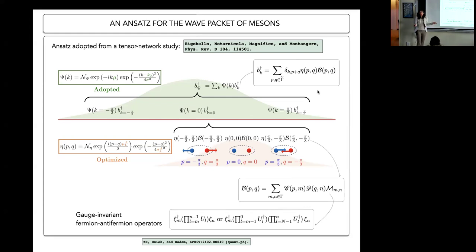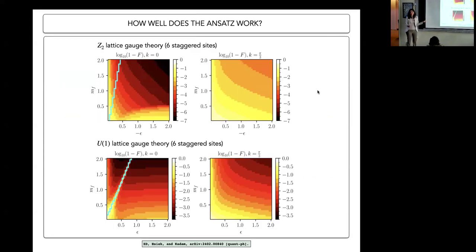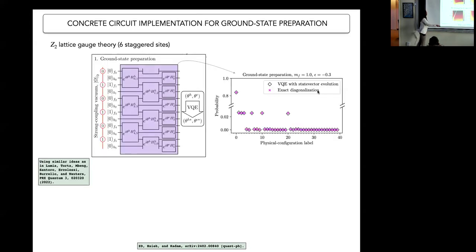But it is what it is. This is gauge theory. We can't really ignore the fact that this is a gauge theory. So again, we get a very high fidelity ansatz for two types of gauge theories, U1 gauge theory and Z2 gauge theory, still in 1+1 dimension, for system sizes as large as 10 sites, which is 20 qubits, because that's what we could handle with our laptop.